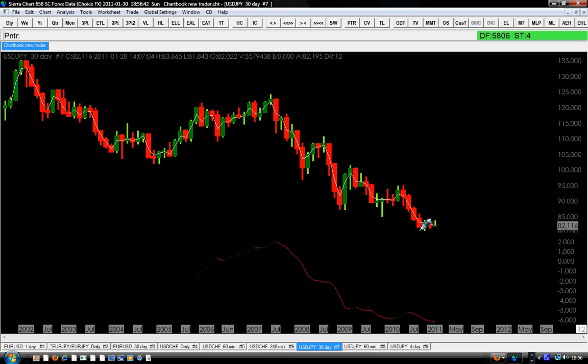Right here the third candle did not violate the low or the opening price of the second candle.